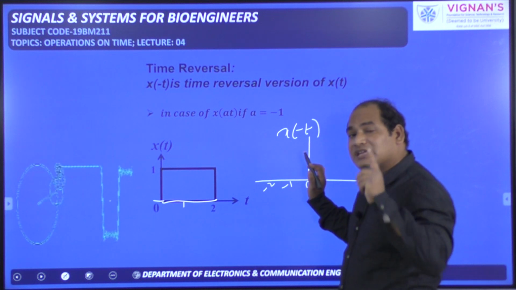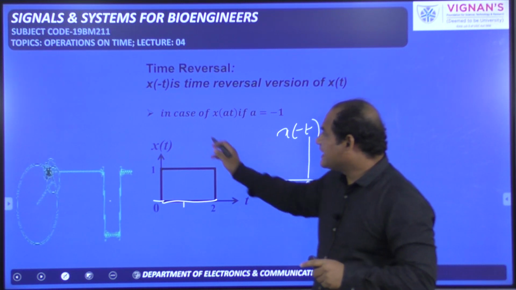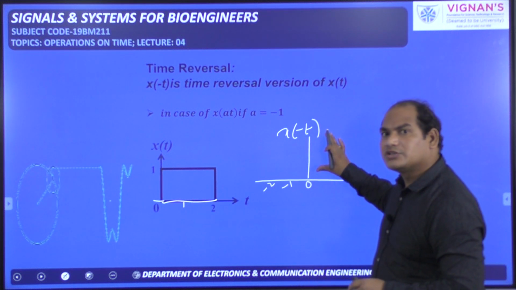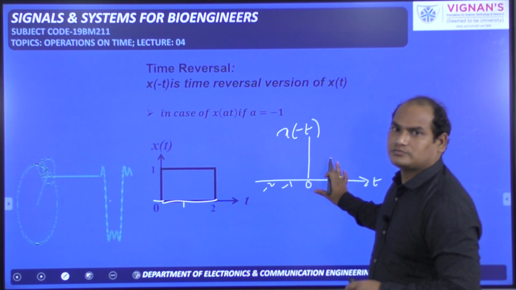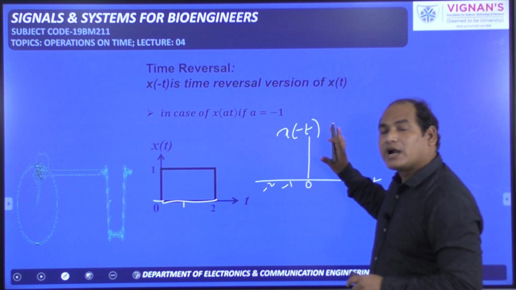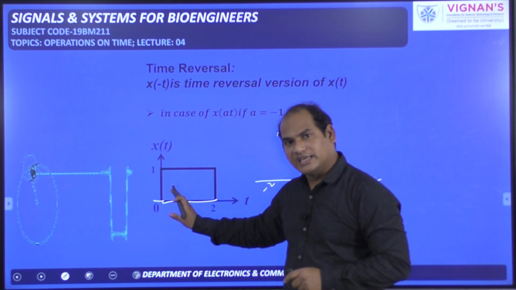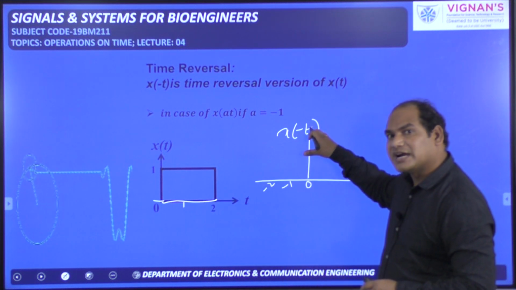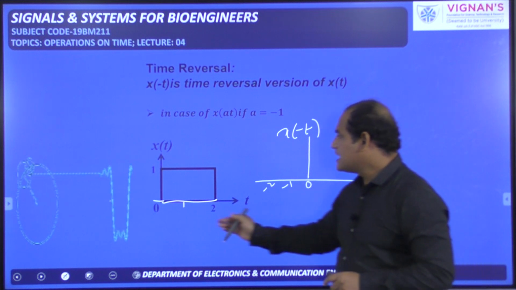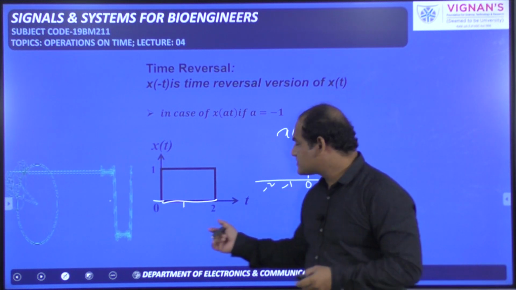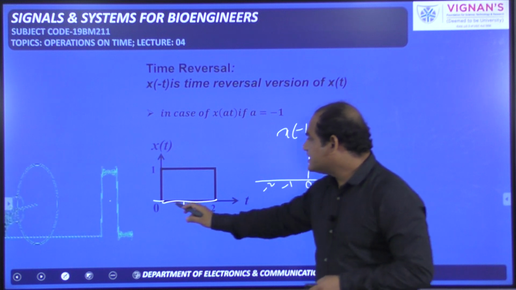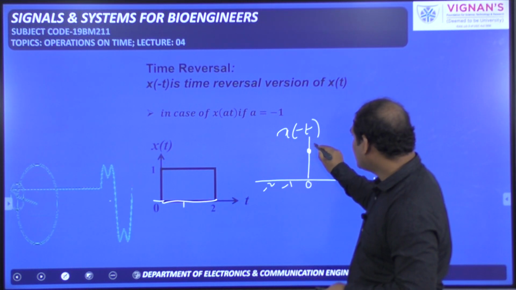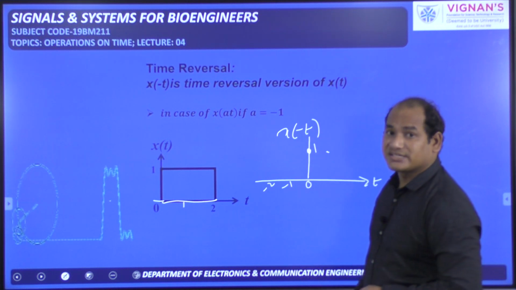Whatever amplitude you have in x of t at t is equal to 0, the same amplitude will be maintained at t is equal to 0 in x of minus t also, because plus 0 is equal to minus 0. So at t is equal to 0, whatever amplitude is there, 1, the same amplitude is maintained in x of minus t also.